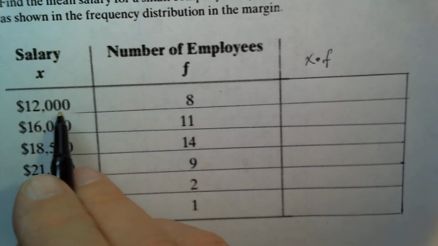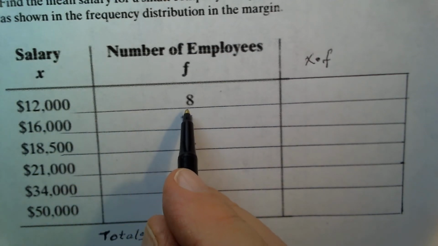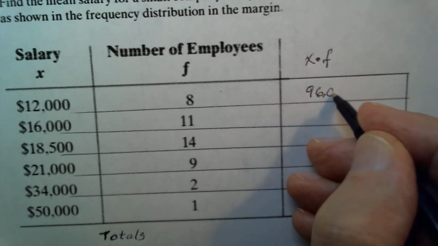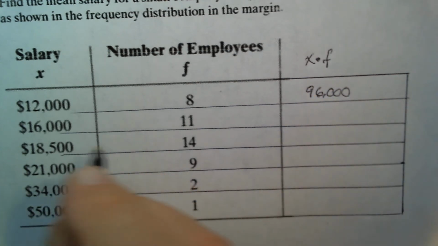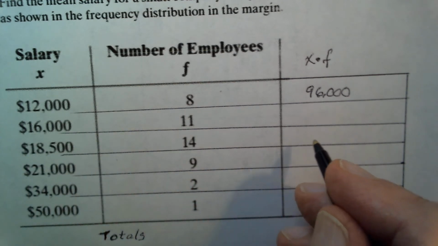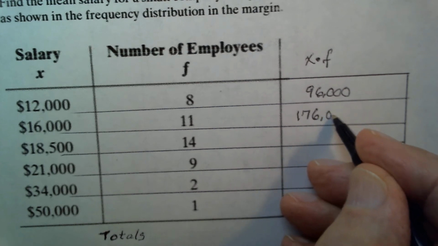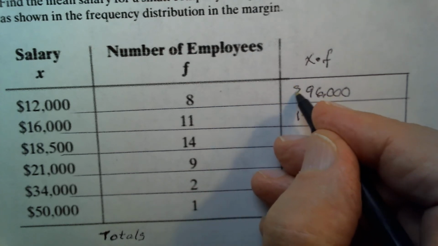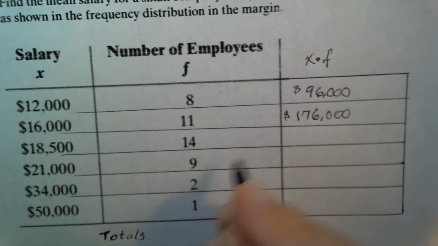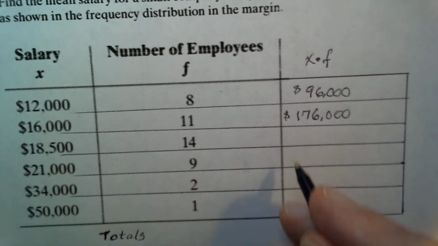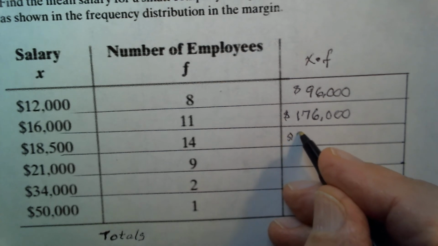So we multiply 12,000 times 8, we get $96,000. And 11 times 16,000 is $176,000. And 14 times 18,500 is $259,000.